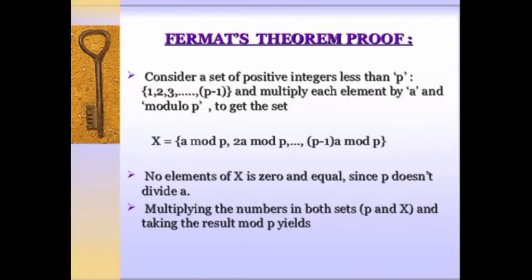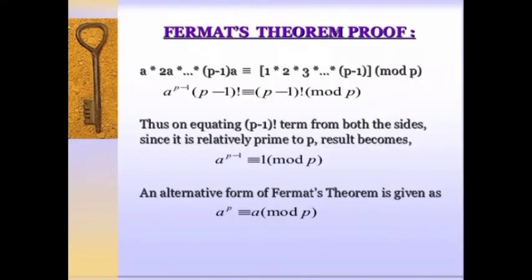Multiplying the numbers in both sets and taking the result mod p yields a times 2a times up to the quantity p minus 1 times a, congruent to 1 times 2 times 3 up to the quantity p minus 1, mod p.